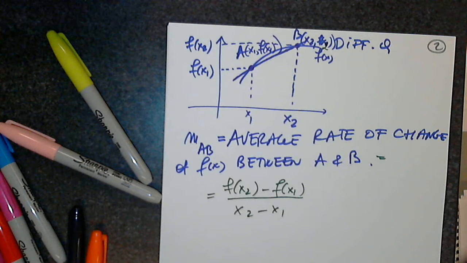That's the whole formula. So the average rate of change of this function between A and B is nothing else but the slope of the line between those 2 points.